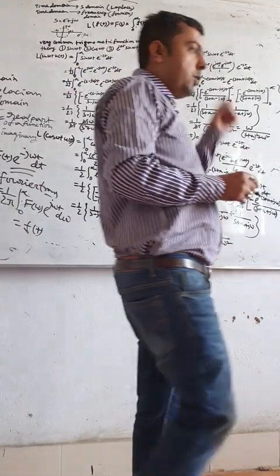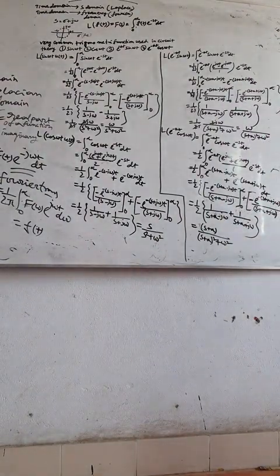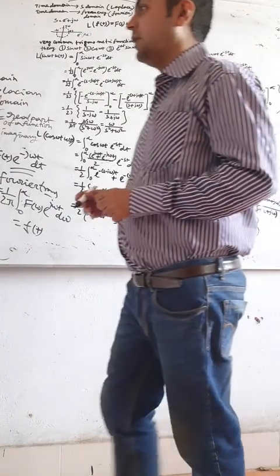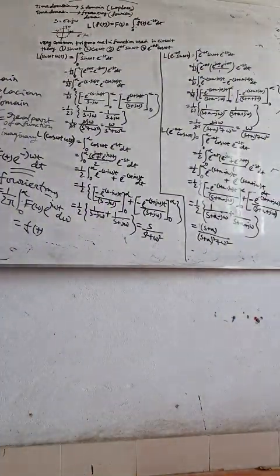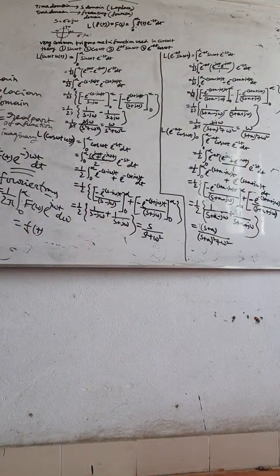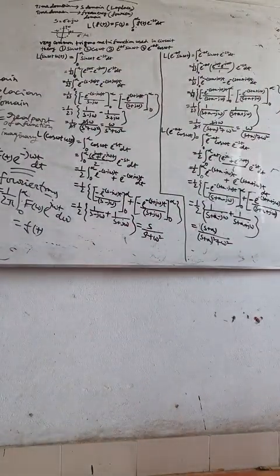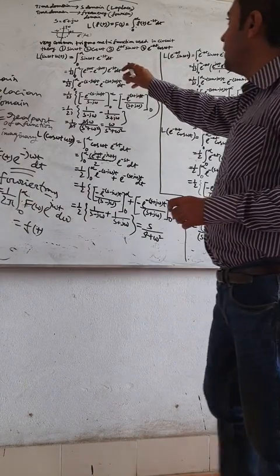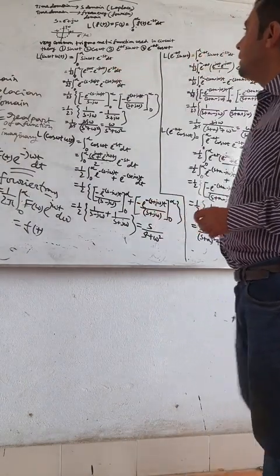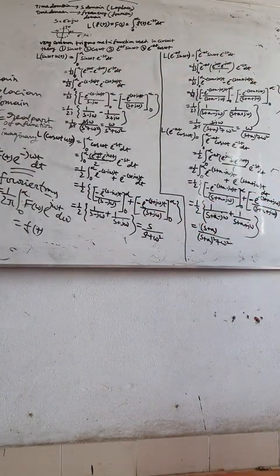Whenever you are doing some work in circuit theory, you will have to use some functions. You have to know how to calculate the Laplace transformation of those very common trigonometric functions used in circuit theory.